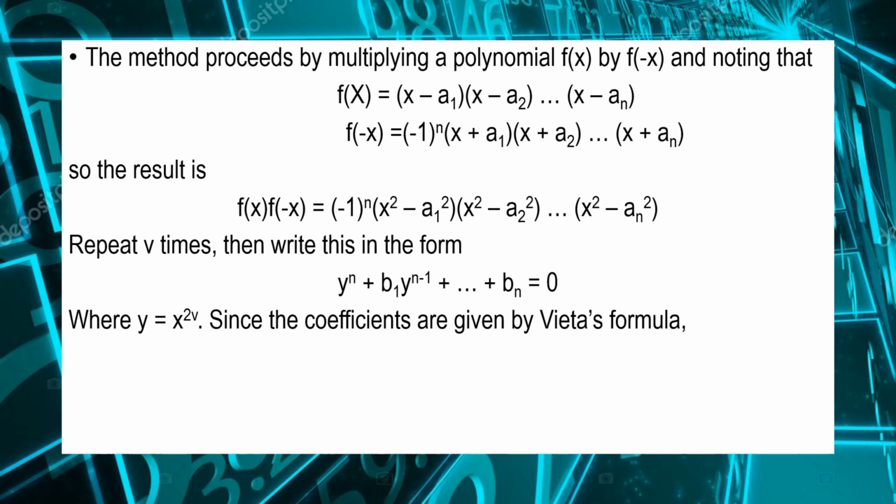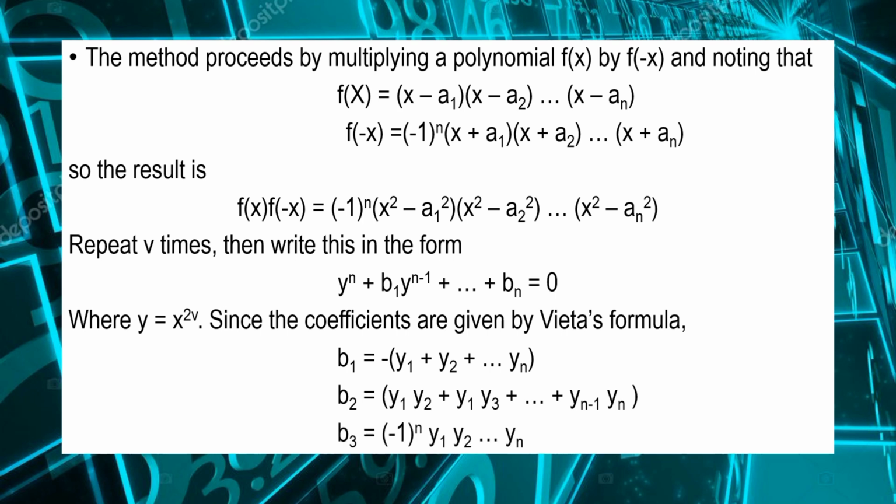Since the coefficients are given by Vieta's formula, we can say that b sub 1 is equal to negative the sum y sub 1 plus y sub 2 and so on until y sub n. Our b sub 2 is therefore y sub 1 y sub 2 plus y sub 1 times y sub 3, and so on until y sub n minus 1 times y sub n.